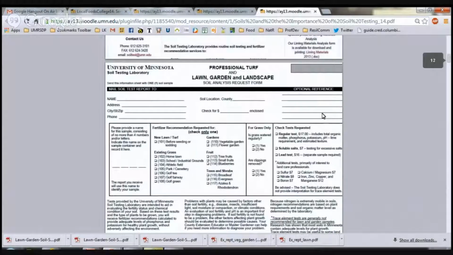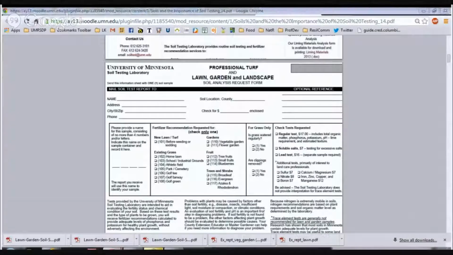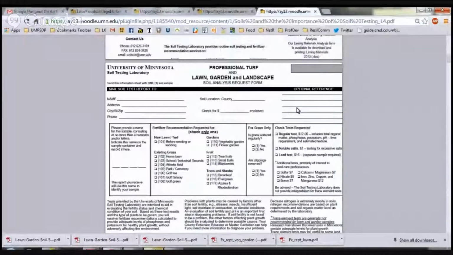This is a PDF of that initial information that you need for soil sampling. And this is also a PDF on the Moodle site. Are we lagging behind a little bit? There we go. So basically it gives you the information.